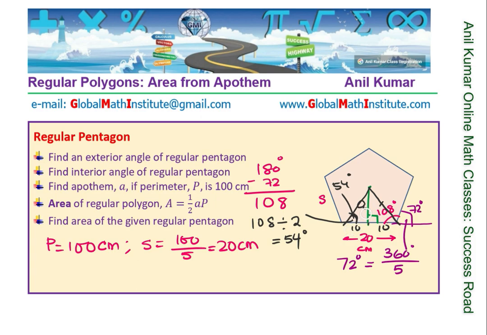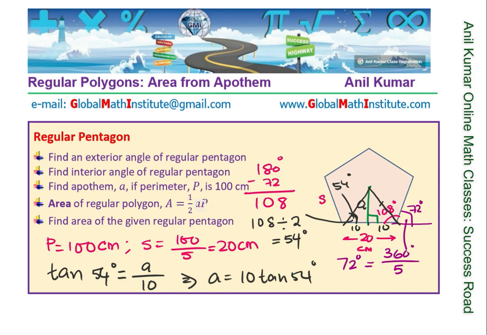Well, you know the angle, you know the opposite side and the adjacent side, so you know that tan of 54 degrees should be equal to apothem A over 10, correct? And that gives you the value of A as 10 times tan 54. Makes sense? You see how easily we walked it through, right? So A is 10 tan 54.